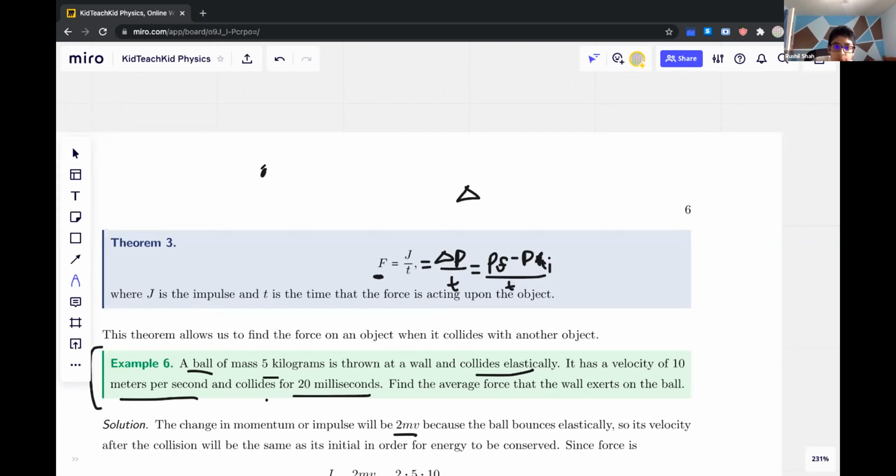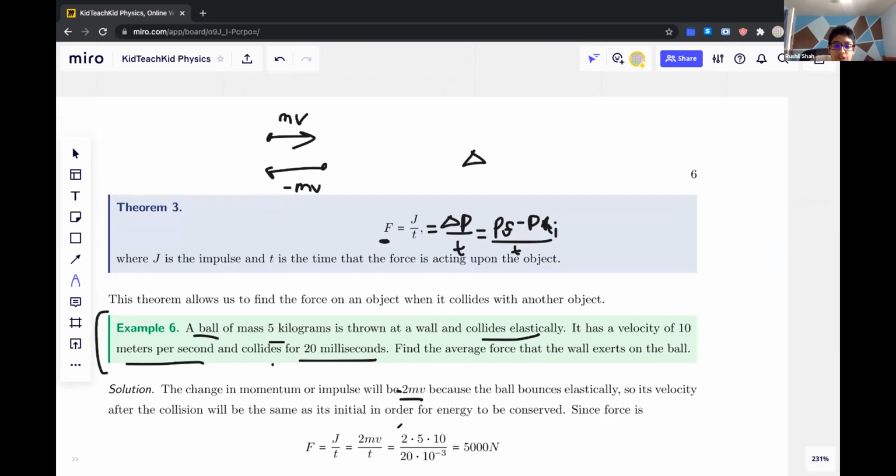So basically the momentum before the collision will be mv. And then after the collision, when it bounces back, it's going to be mv in the opposite direction, so negative mv. And this means that the change in momentum will be 2mv or negative 2mv. The sign doesn't really matter.